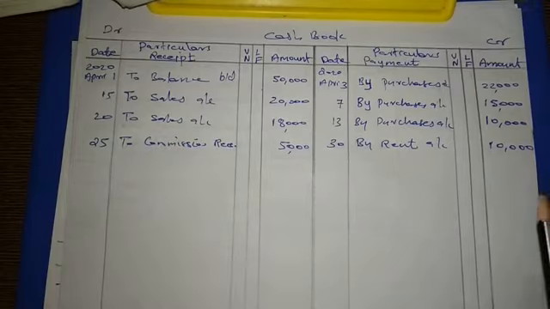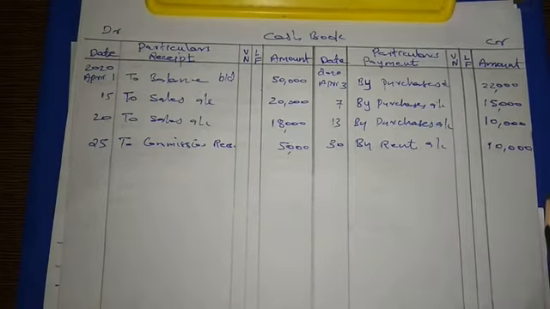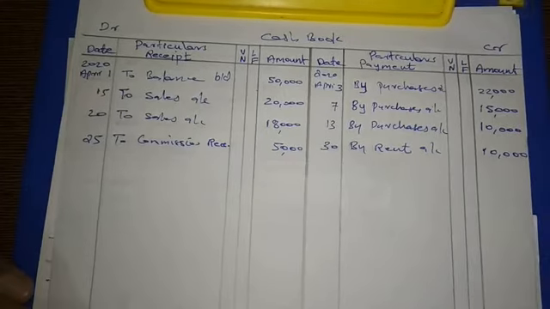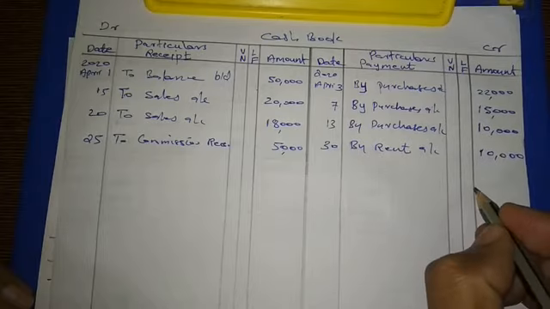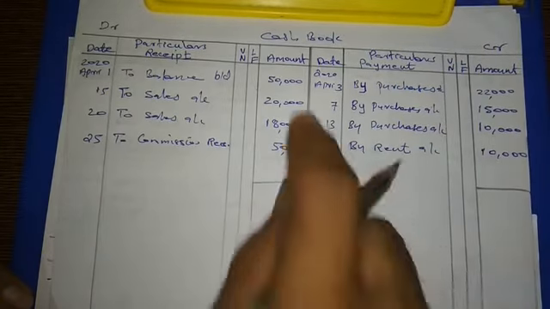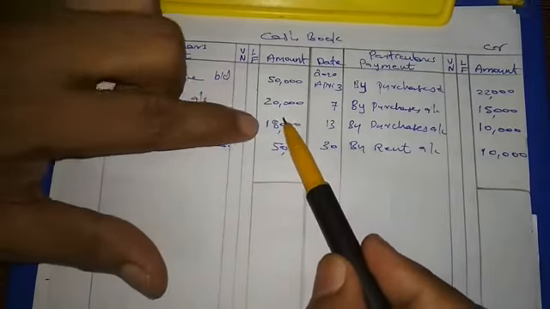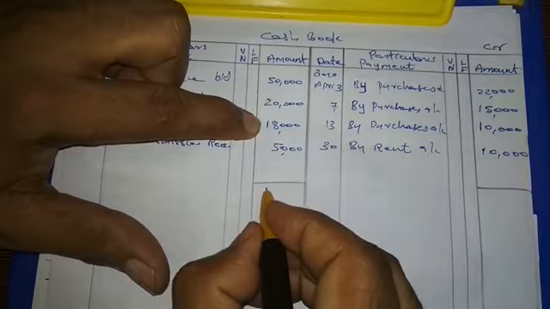Okay. So after writing all the transactions here, we need to take the total and the balance. For that, we are drawing one line here and also in the same level we are drawing another line. Then this side total we have to take, 93.